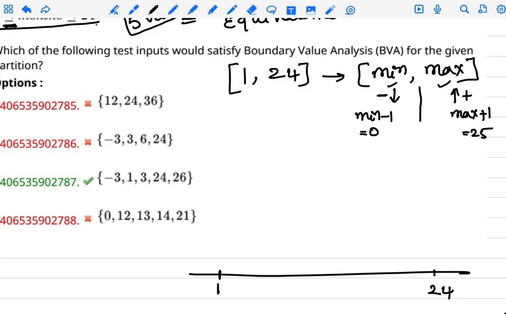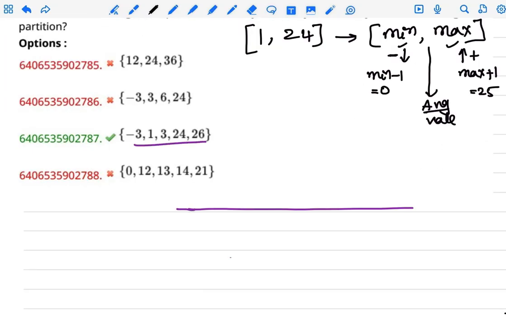And there is a value between the range, minimum to maximum, that is the average or nominal value. So in the options, which is correct? First you have to mark what is given and what is in the options. The first one is the minimum, 1, and 24 is the maximum. Next is 26, 24 and 3. 3 is between the range.